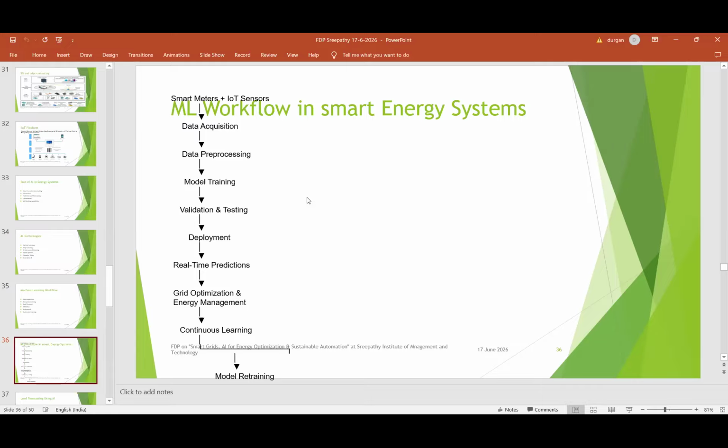So training, testing, then validation, then deployment. Deployment means implementation. Then using real-time decisions, grid optimization and energy management can be studied. So this is the step-by-step algorithm of machine learning in smart energy systems.